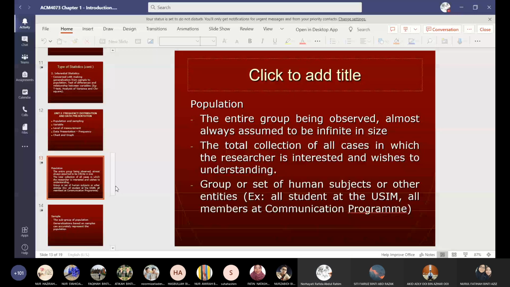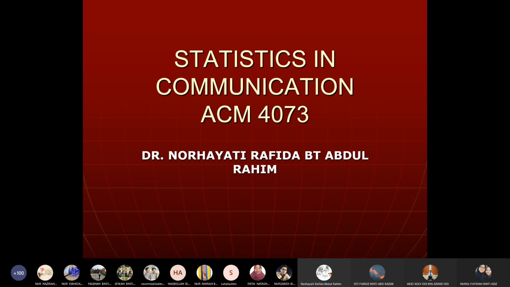If you want to look at Faculty of Arabic Language and Faculty of Leadership, these two faculties have different exposures, different course outlines, different course subjects. So, Faculty of Arabic Language can be a population.